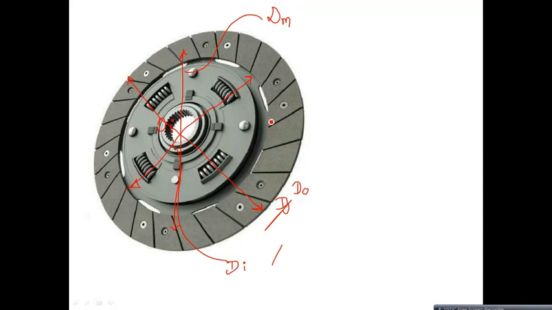This is the portion where you get the friction lining material. If you consider W as the width of the friction lining material, then W is (do minus di) divided by 2.